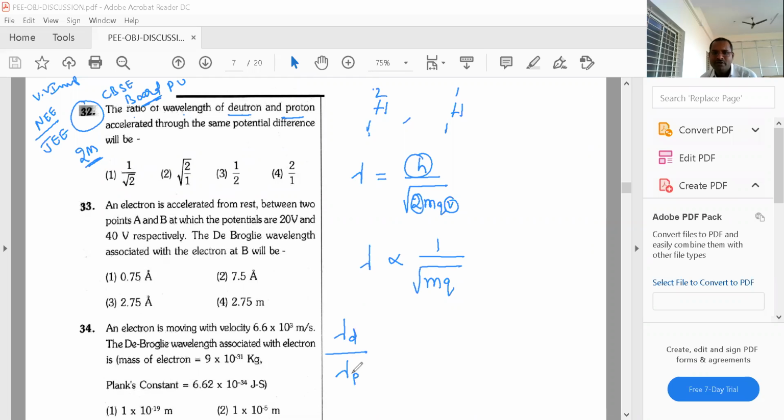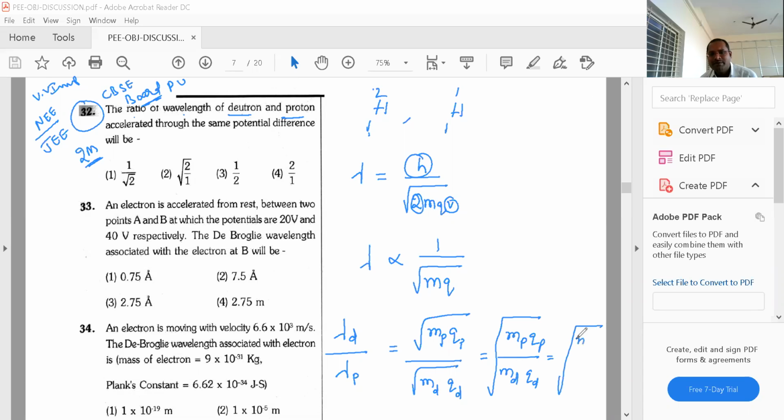Ratio of wavelength of deuteron to proton is equal to under root of mass of proton times charge of proton, by mass of deuteron times charge of deuteron. We can write it because it is inversely proportional. Mass of proton I'll write as Mp only, and charge of proton also as Qp.